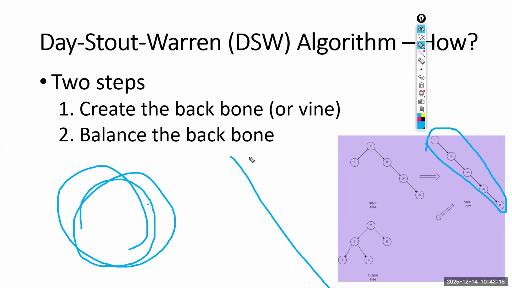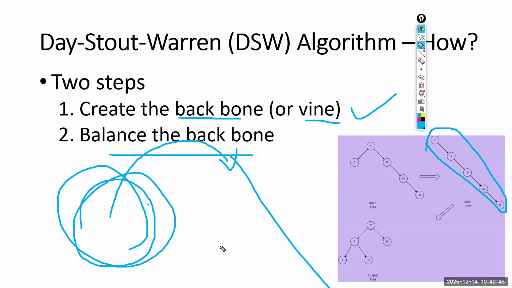But you can't just create a random linked list. You need to build it using this binary search tree. So that means every node has a right child only. That is step number one, where we create the backbone, or vine. Then you need to balance the backbone using certain rotations.